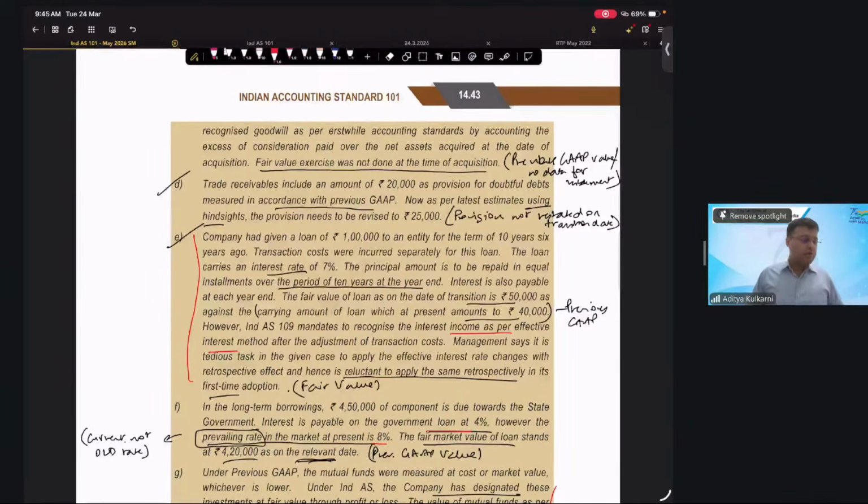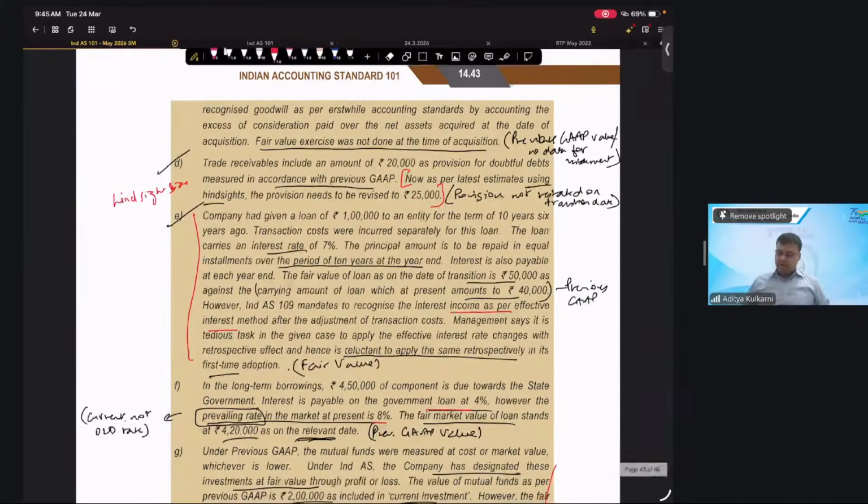You will have to use the same value of 20,000. If you move it, it becomes hindsight bias. Okay. Next.